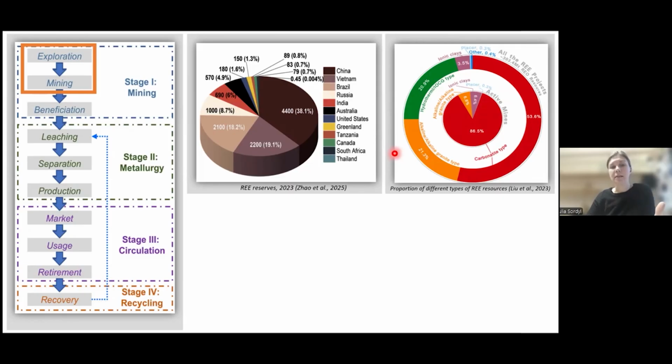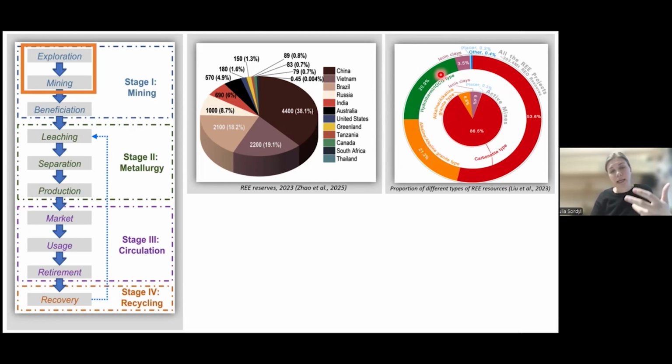The thing is that RE deposits are quite complicated, and they represent different types of deposit. Most of them are carbonatite type, but it doesn't mean that all of them are the same. There are also alkaline, hydrothermal, ionic clay, placer, and other deposits.